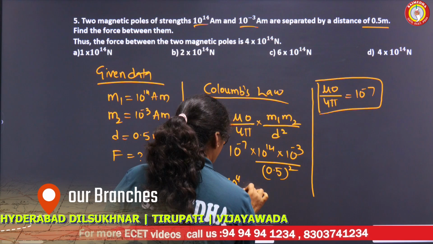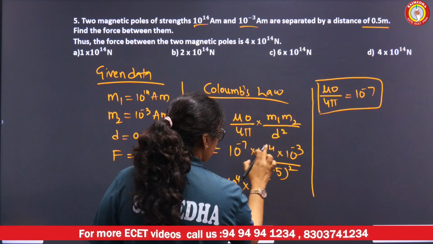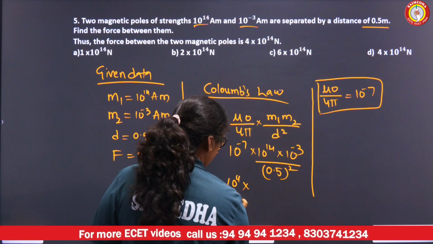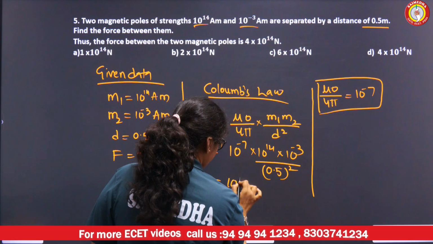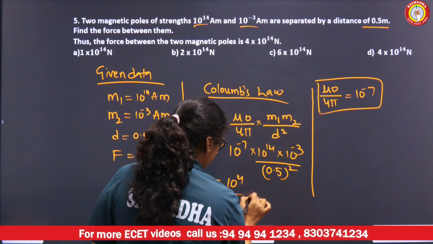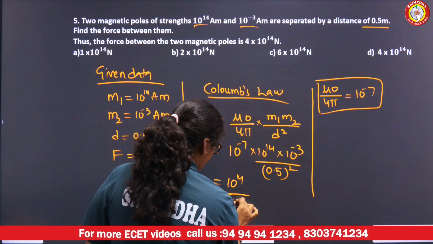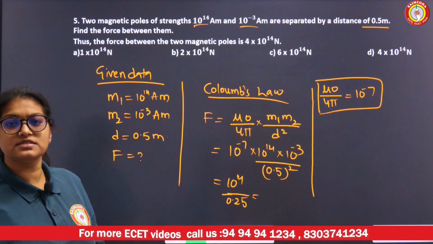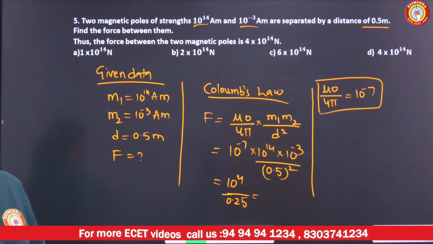So 10 power 4 by the value of d square. 0.5 whole square is 0.25. I already told you, 1 by 0.25 is nothing but 4.